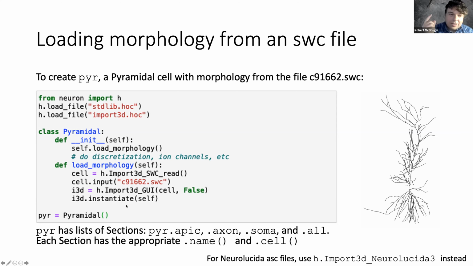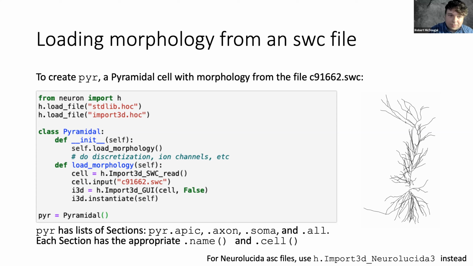Once I've done this, PYR has a bunch of lists of sections. It's got a PYR.apic, those are the apical sections. It's got a PYR.axon, that's the axon. It's got a PYR.soma, that's a list of sections associated with the soma. It's got a PYR.all, that's a list of everything involved in that one particular cell. And every section knows its name and knows its cell, and it does the right thing.